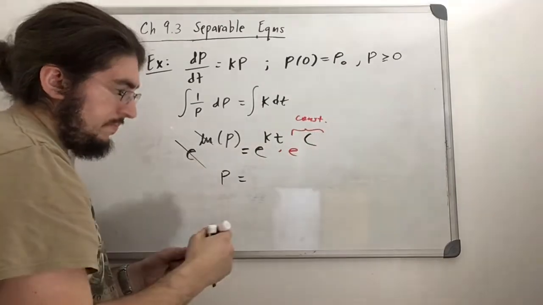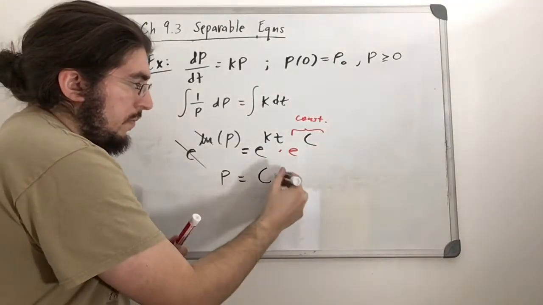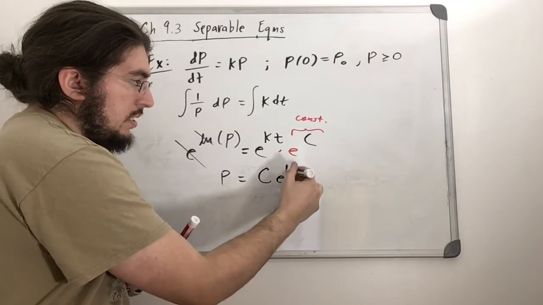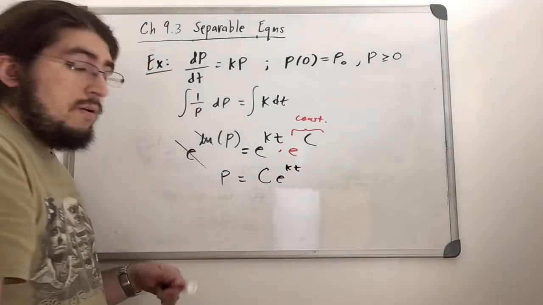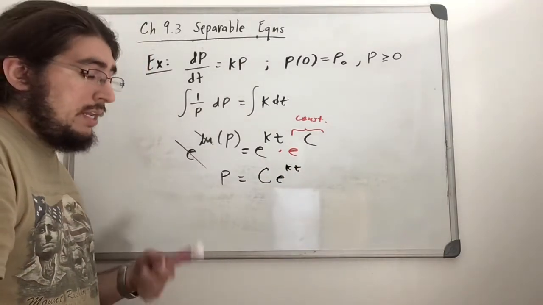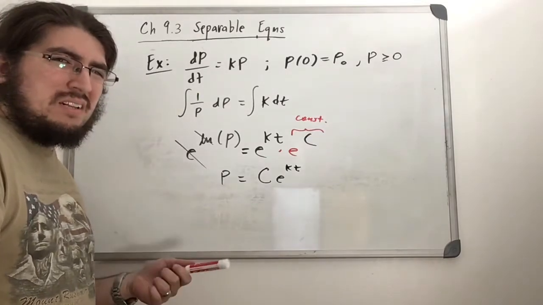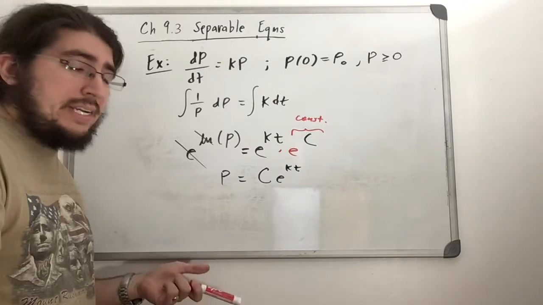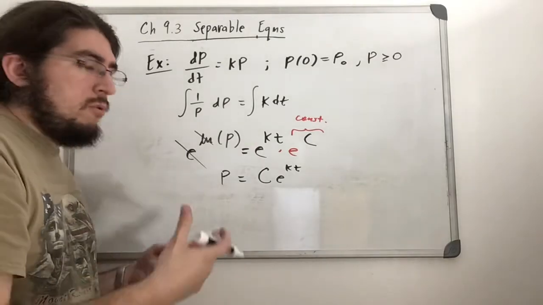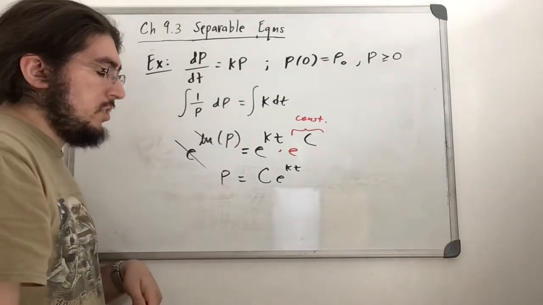Call it c. So let me write that in front now, c e to the kt, which is exactly what we got in the example we saw in 9.1, but the way I did it there was a little harder. I didn't even tell you how I did it. I just said notice this, and I went through a few motions to come up with this conclusion.